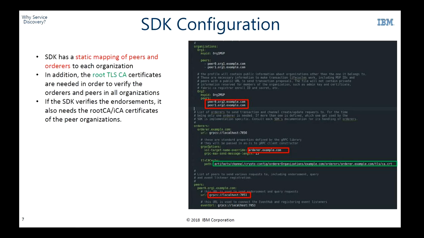Just think that if we have a channel that has like 5 different organizations, then in order to endorse on all of these 5 organizations, we need the TLS CA certificates in the client configuration on all organizations.